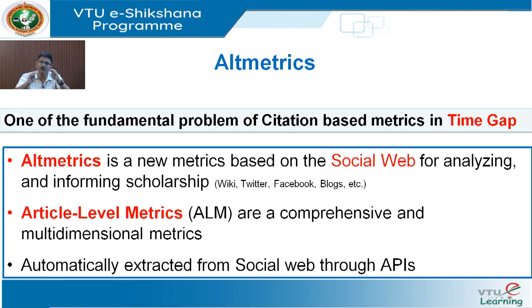There are the number of downloads, number of shares on social media, number of shares on Twitter, number of usages in blogs, etc. There are some technology platforms which capture all these kinds of metrics and give them to you along with the article. These are called article level metrics and are automatically extracted from social media through various APIs.